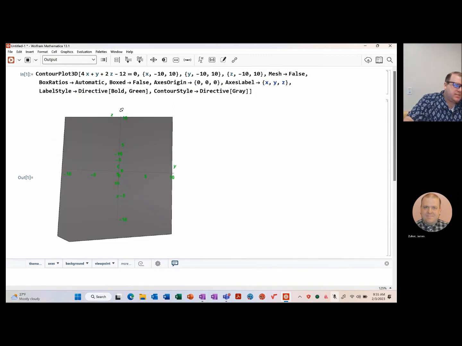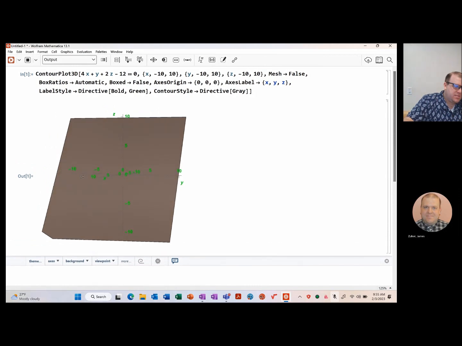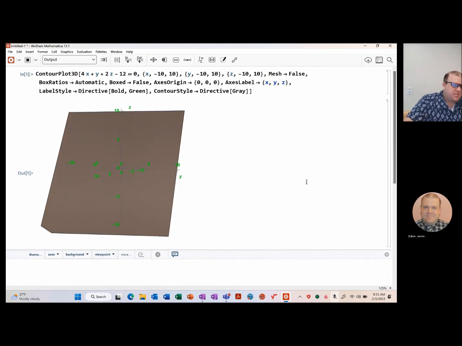Let's try and get this somewhat. Oh, that kind of looks like a good view, except for that X again being somewhat hidden.